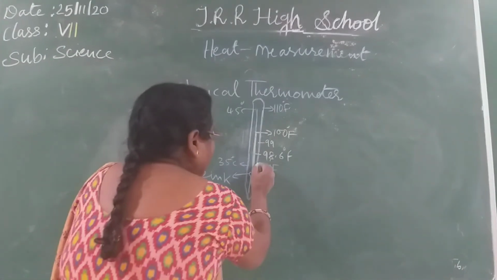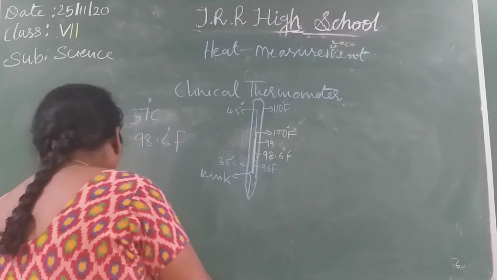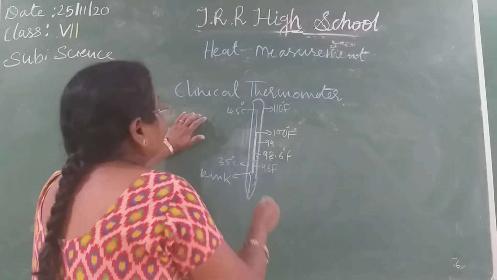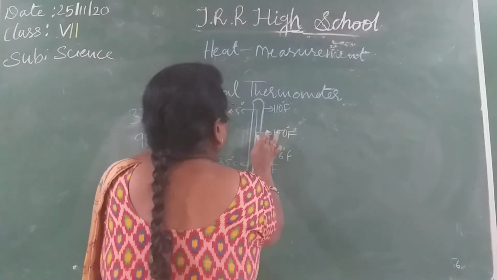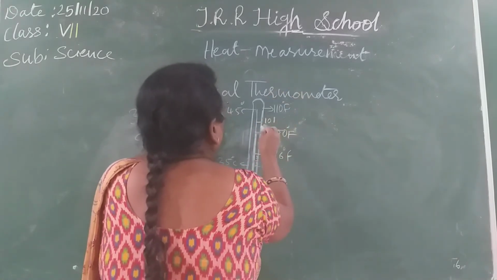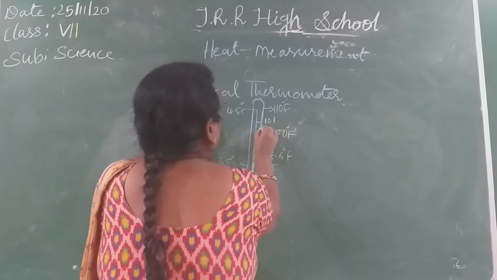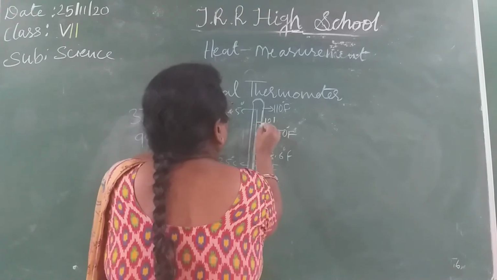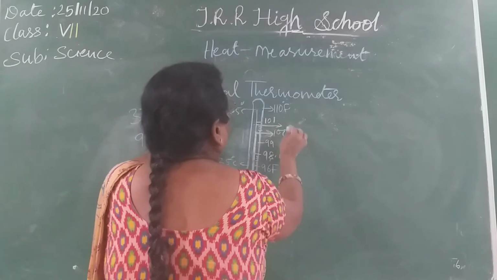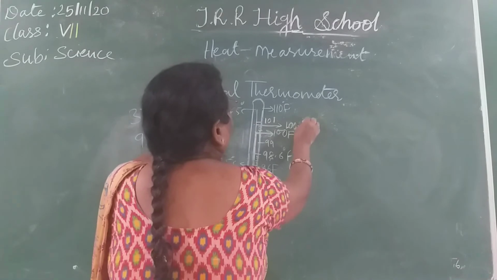For each degree, there will be 10 equal divisions. That is, points. Suppose your body temperature rises to 101. Here the mercury level has stopped at 100.4 degrees Fahrenheit.